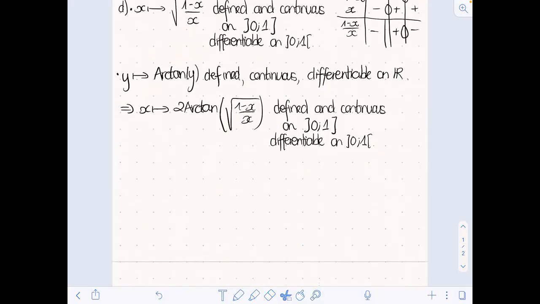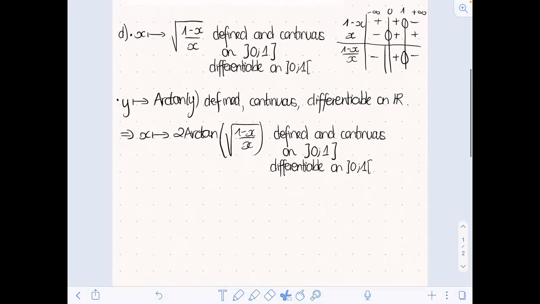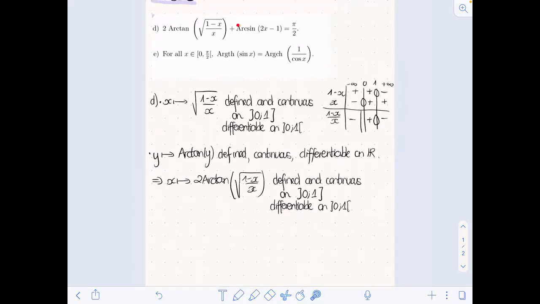Okay, and then we need to take a look at the second part of the function, which should be slightly easier to deal with. So arcsine, as was just mentioned, you can deal with on -1, 1, and so that's what we're going to base ourselves on to reason with arcsine.